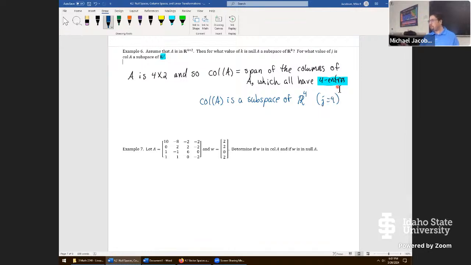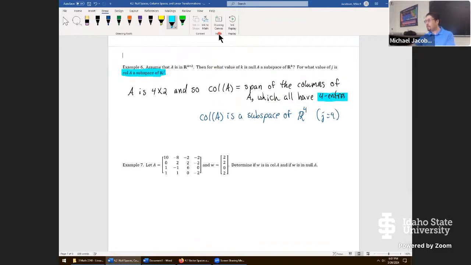Okay, when handling both these things at once, a column space and a null space, I think sometimes it's easier to work with just the column space. We can fall back on what we're doing, just spanning things. And then once you've done that, you've taken care of that dimension there. The 4 is already resolved, and so you can say null space has got to be a subspace of R2.